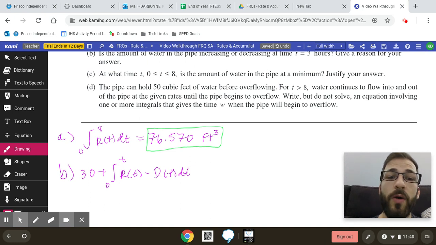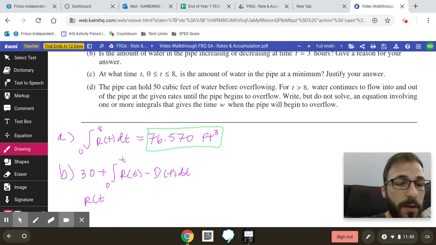Then I want to know if this amount of water is increasing or decreasing. If I want to know about increasing or decreasing, what am I going to do? I'm going to go to the first derivative. So I need to differentiate this equation. The 30 is going to go away. The derivative of the integral is just the original function, so R of t minus D of t.